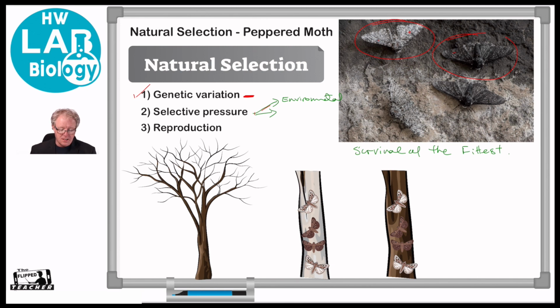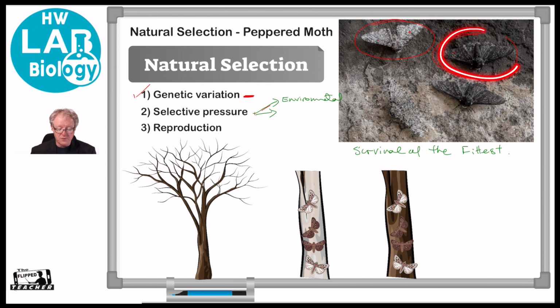However, the environment changed here, and there was the Industrial Revolution, which made a lot of soot by burning coal. That caused the trees to change colour in particular areas of England. That of course now meant that the dark form was camouflaged and the white form wasn't. So even though there was only a small amount of dark moths, they survived the selective pressure of the predation, and so their numbers went up and the white numbers went down.